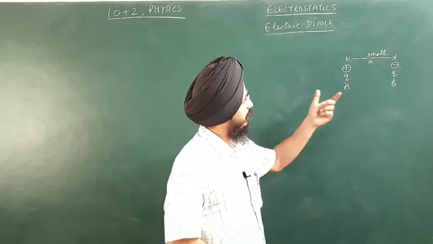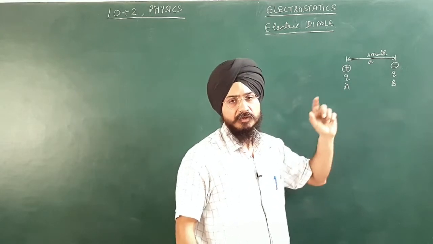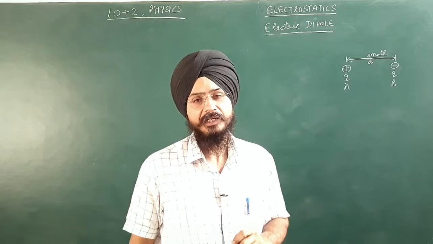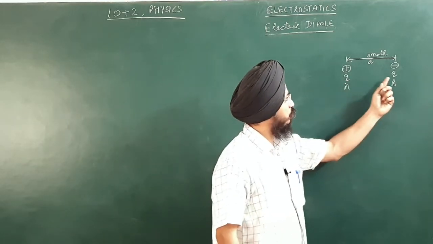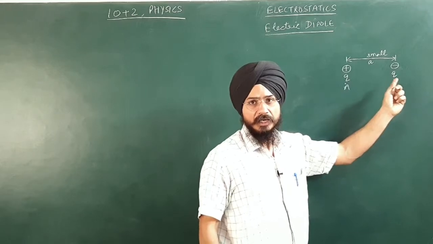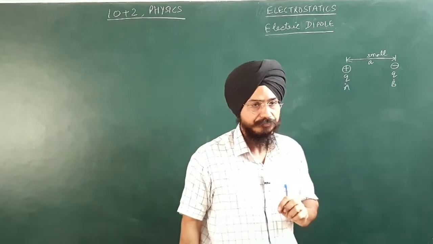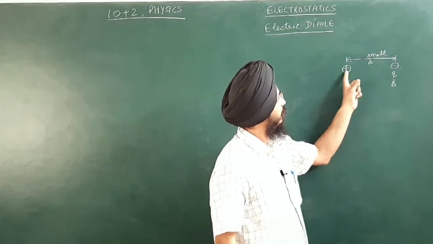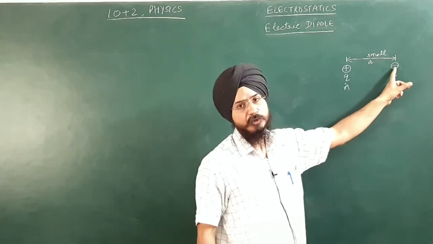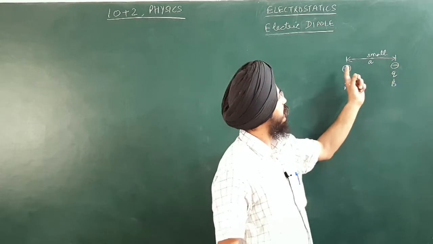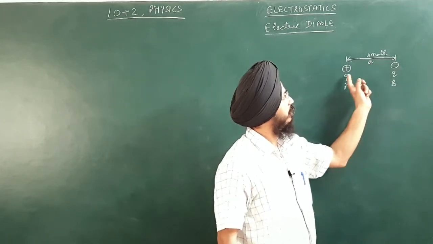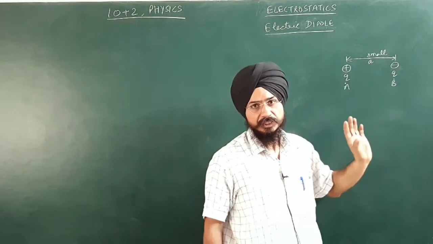Now this system of two charges will be an electric dipole if these two charges have the same magnitude but opposite polarity. Third thing, there is a small distance in the placement of these two charges.